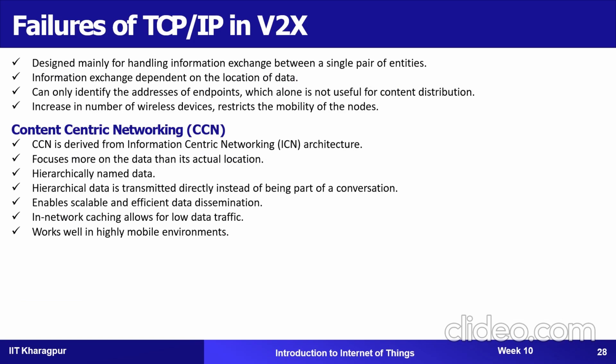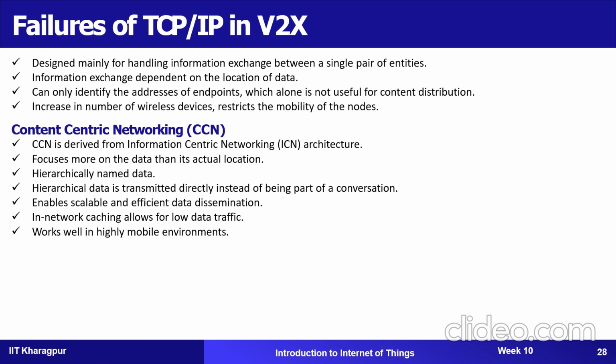Further, it can only identify the addresses of endpoints, which alone is not useful for content distribution, and the increase in the number of wireless devices restricts the mobility of nodes if you use the TCP/IP model.